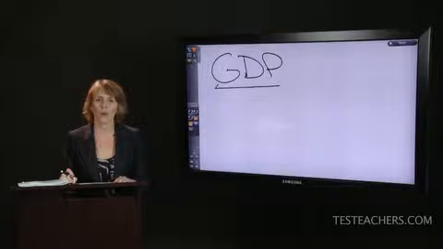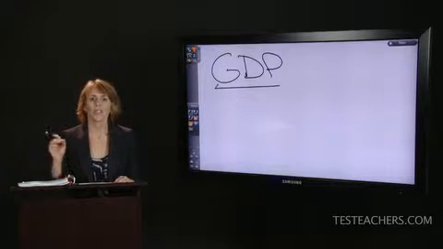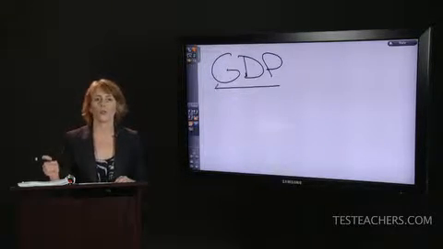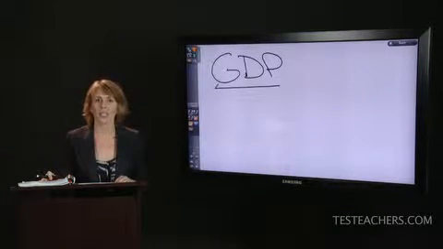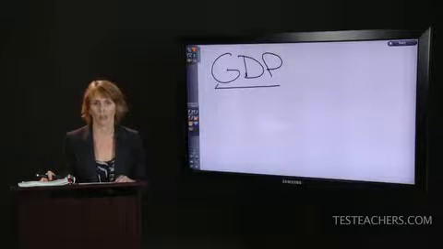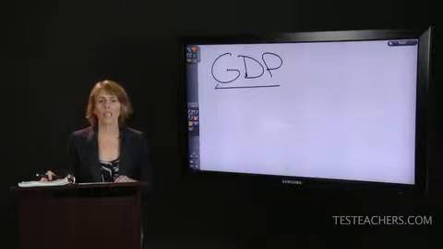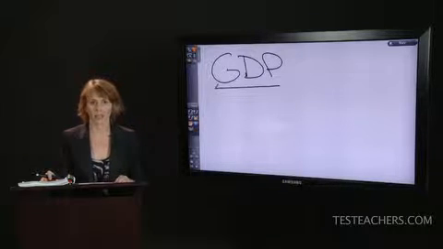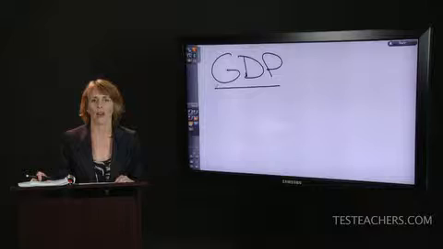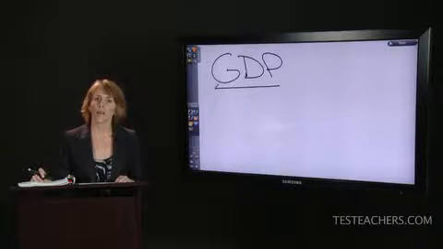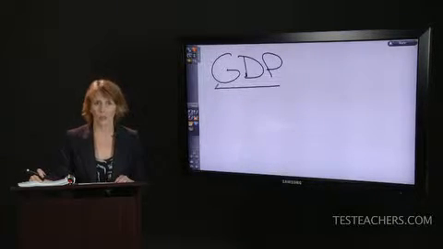Something that's important about GDP is that it's the value of goods and services produced within a country, regardless of who actually owns the company. So the test likes this concept. If there is a company here within the borders of the United States, let's say that the company is in Georgia and it's an automobile manufacturer, and the company itself is a Korean automobile company.